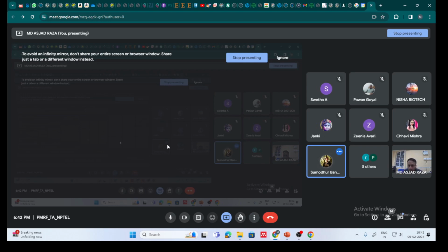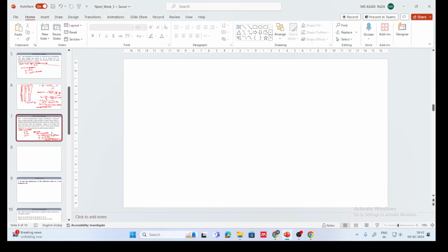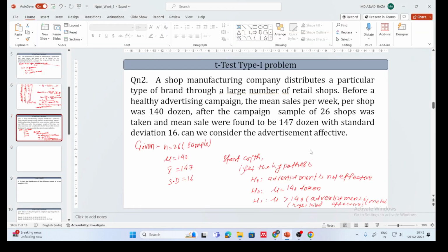But if you wrote there advertising is effective. No, just see. I want to check whether that advertisement is effective or not. So first I will consider that my advertisement is not effective.